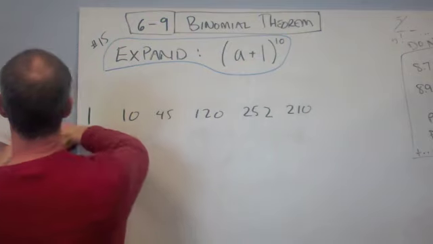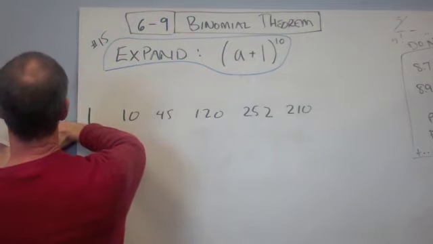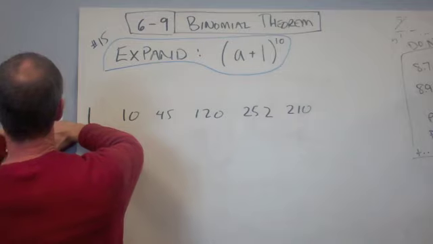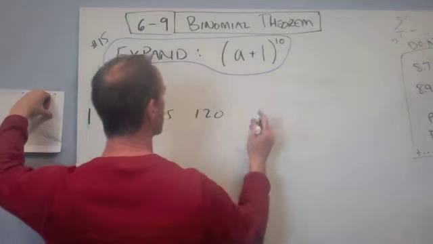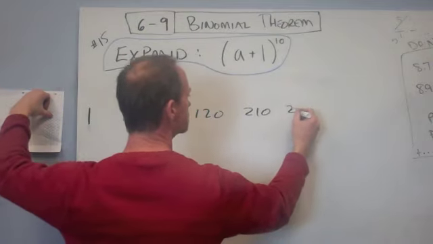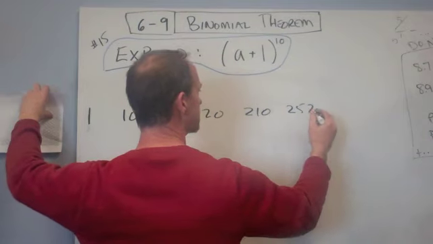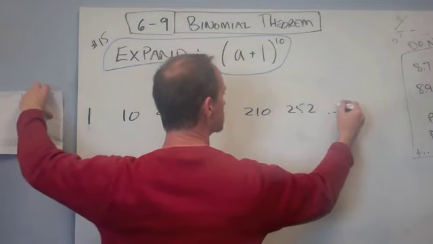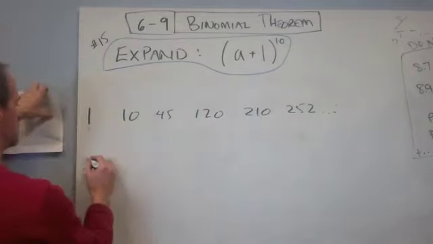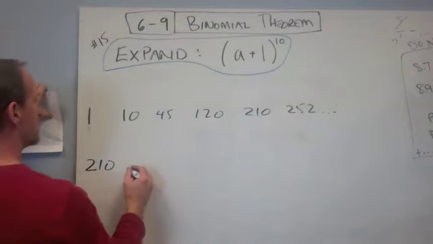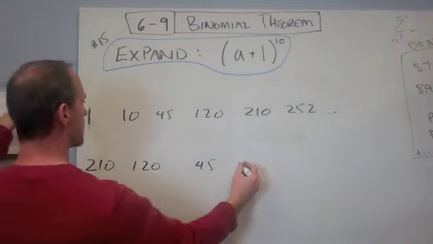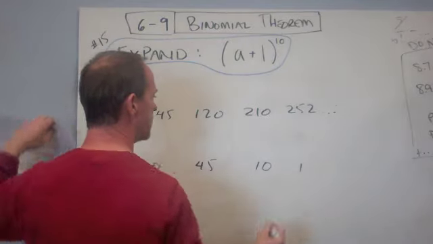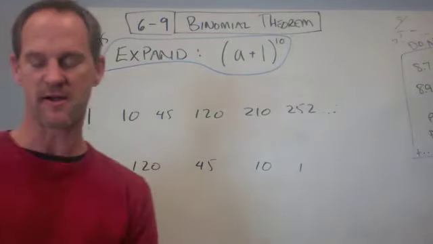I'm missing 120, 210, 252. 210, 252, and then it goes back down to 210, to 120, to 45, to 10, to 1. Now, if you ever get stuck, because it's sometimes hard, just count.